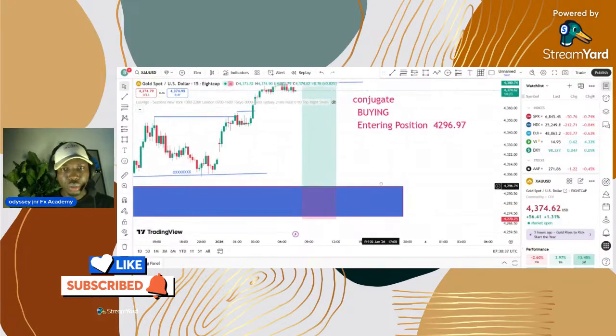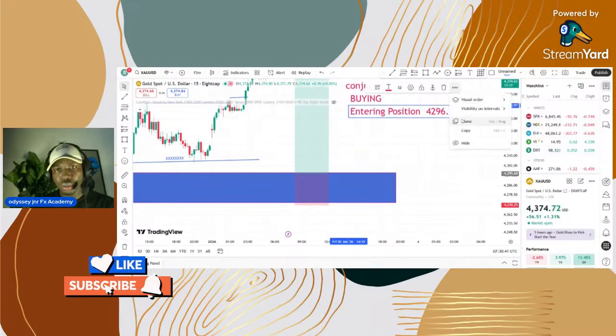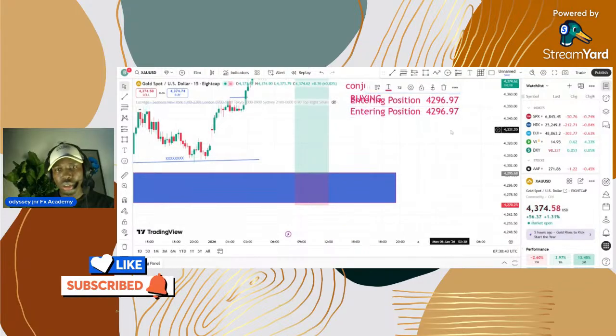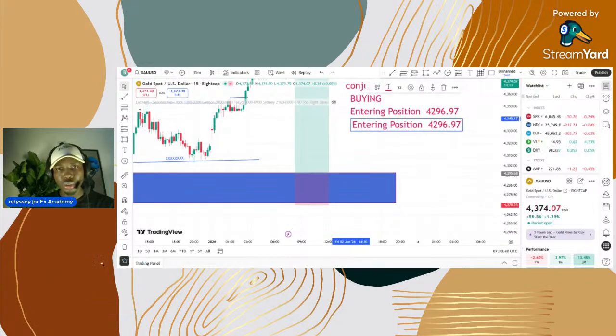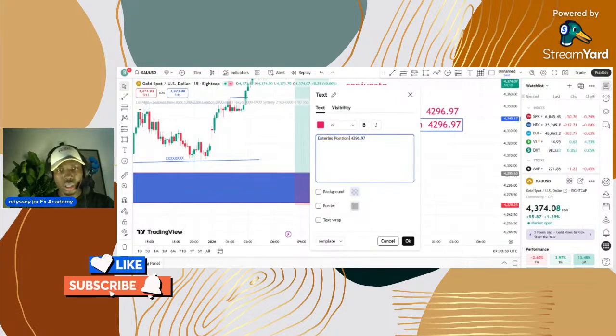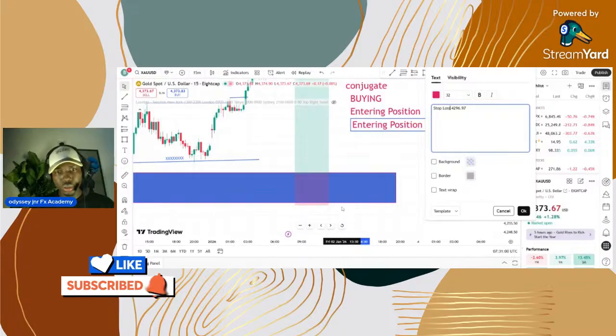So our SL, our stop loss. Our stop loss will be on... Let me drag this thing this side so I can see better.